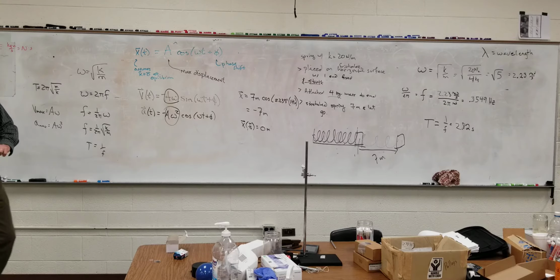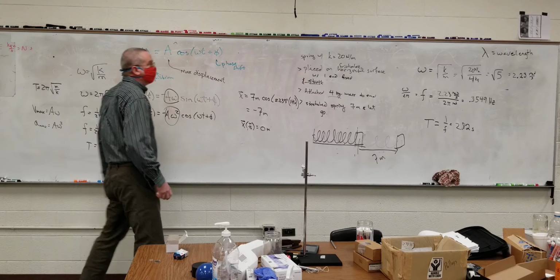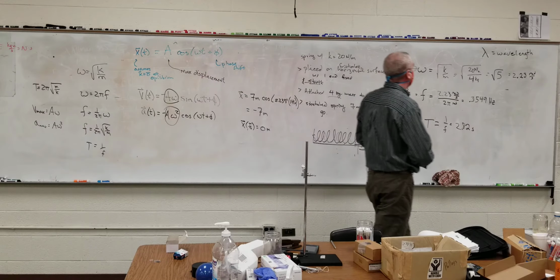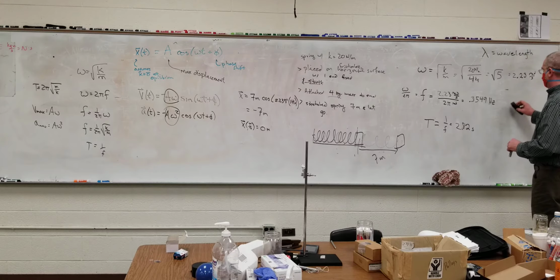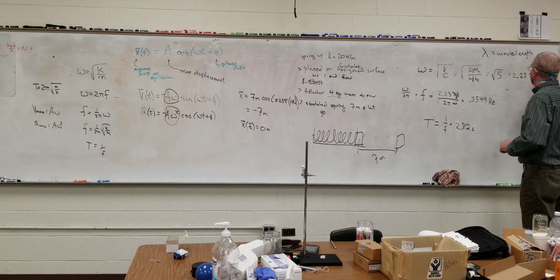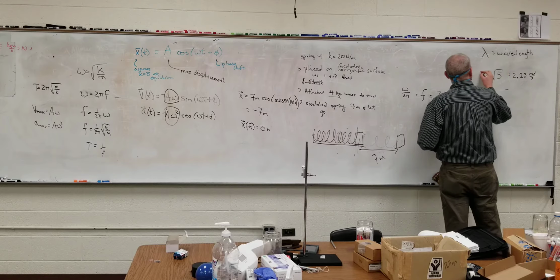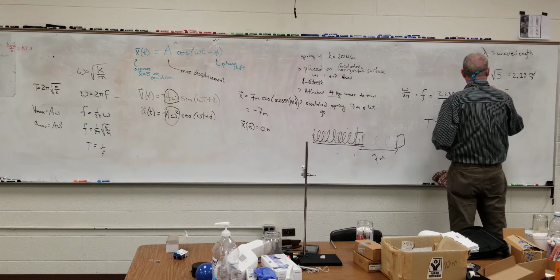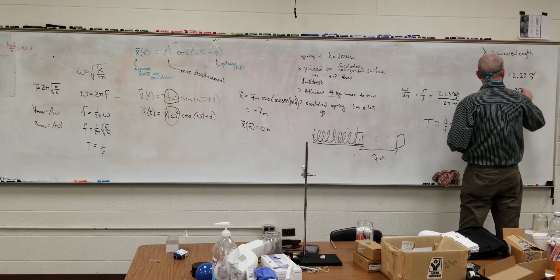All right, maximum speed. Let's see, I'm gonna need some room here. Omega equals frequency equals square root of 5 over 2 pi, which equals 0.3.